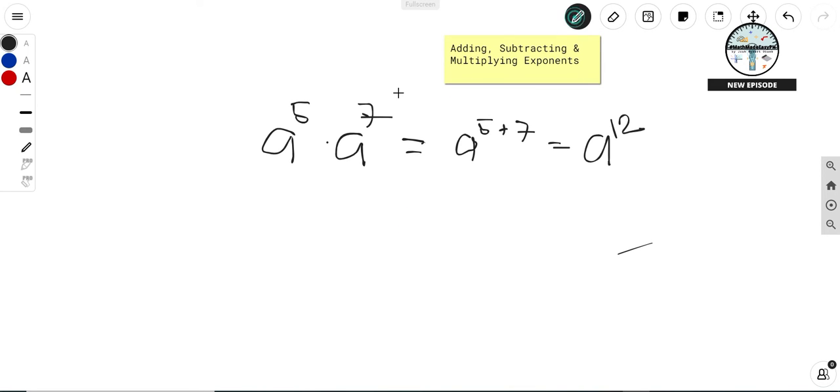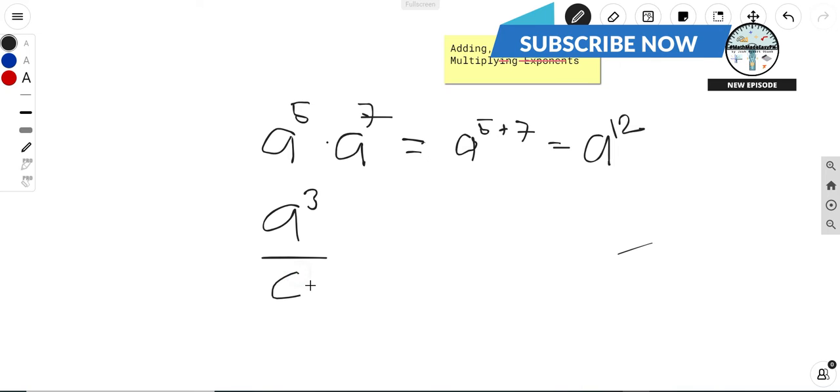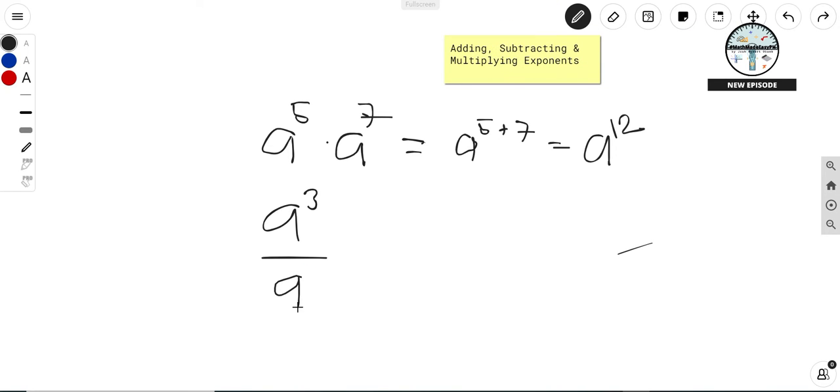The next law is dividing exponents: dividing expressions with the same base with different exponents, like a raised to 3 divided by a only.